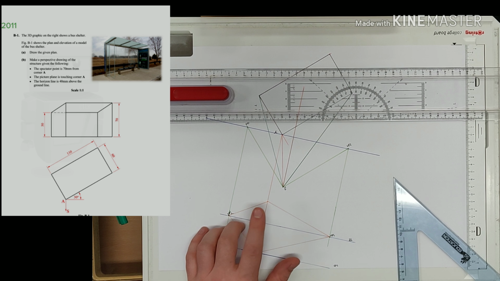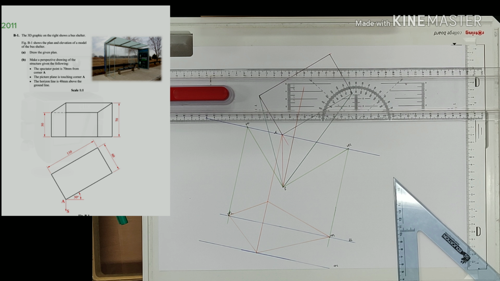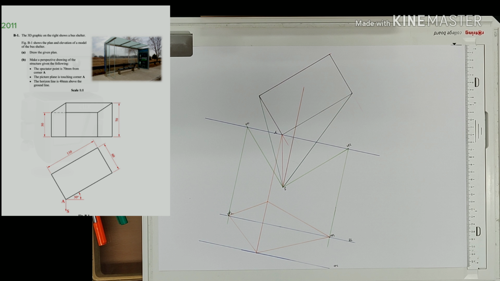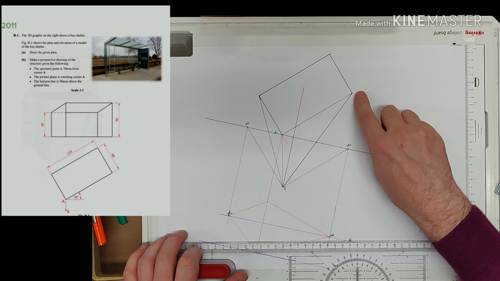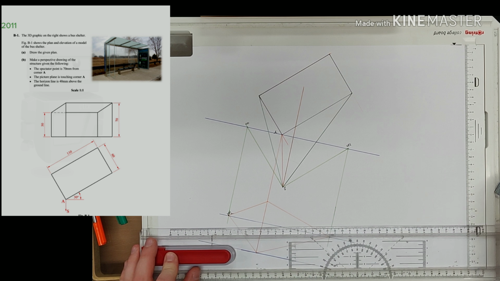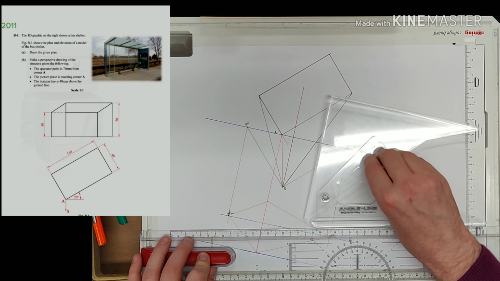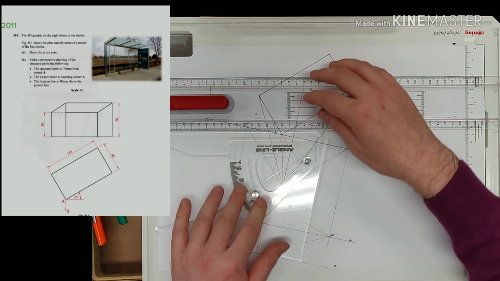So this now becomes the top of our object, the highest point on the bus stop. So I want to find out where it ends along this side, so I'm going to bring down this point. I want to find where it ends coming this way, so I'll bring down this point. So they're already connected to the spectator, which saves us the trouble of doing so. So where they intersect the picture plane, we are now going to bring them down.